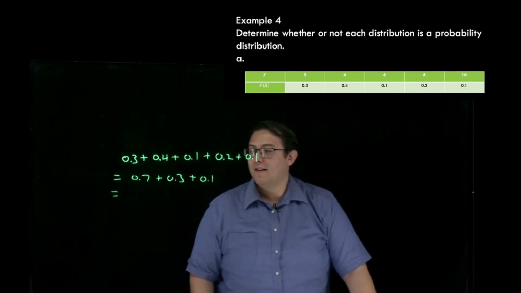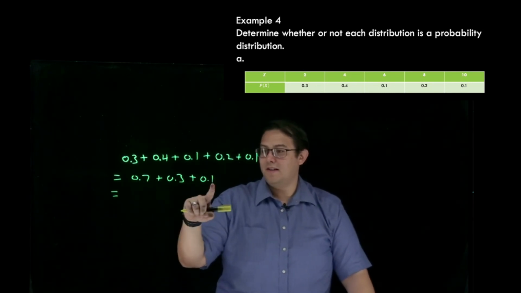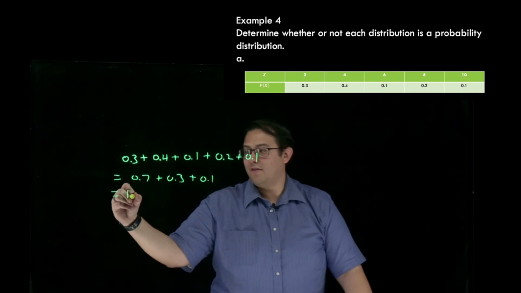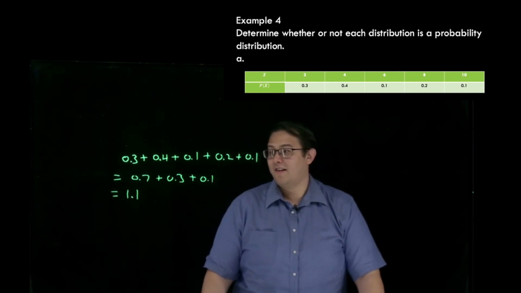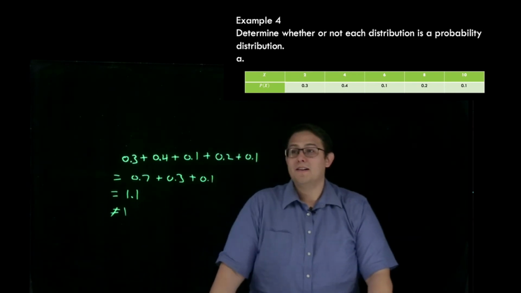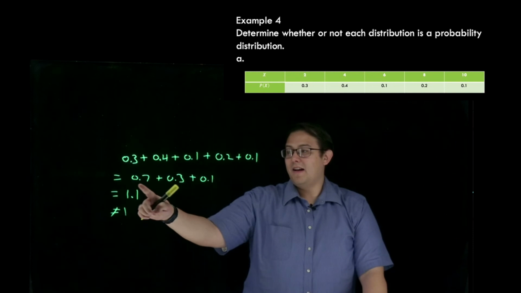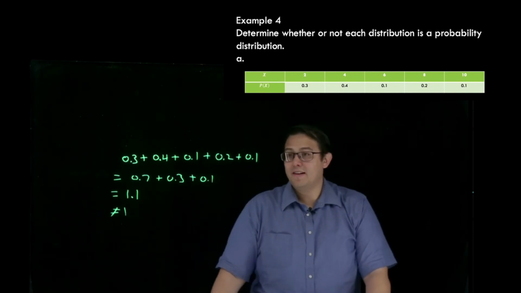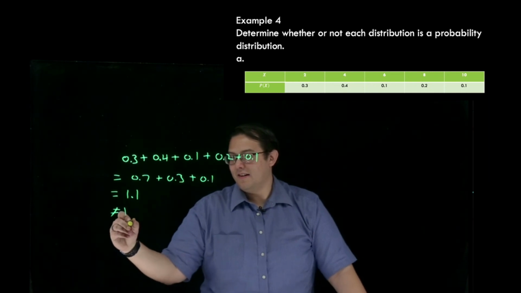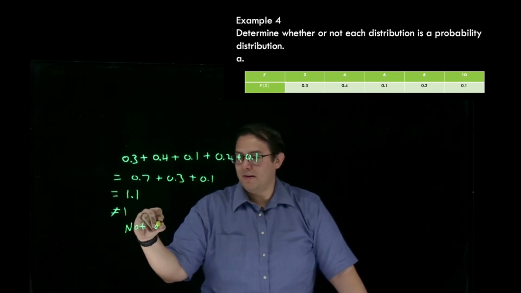So now if you add these three together, this is 1, and then you have a 0.1, so all in all is 1.1, which does not equal 1. So even though the probabilities are in between 0 and 1, since the sum adds up to more than 1, in this case, this is not a probability distribution.